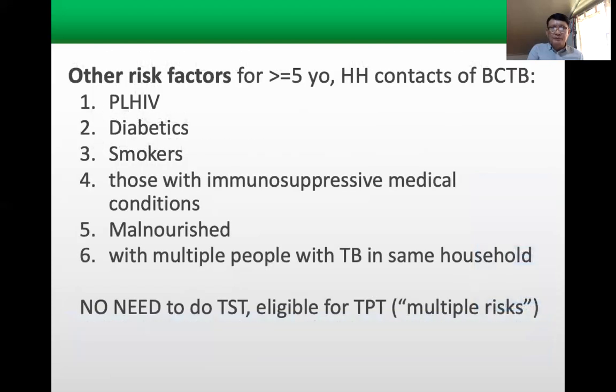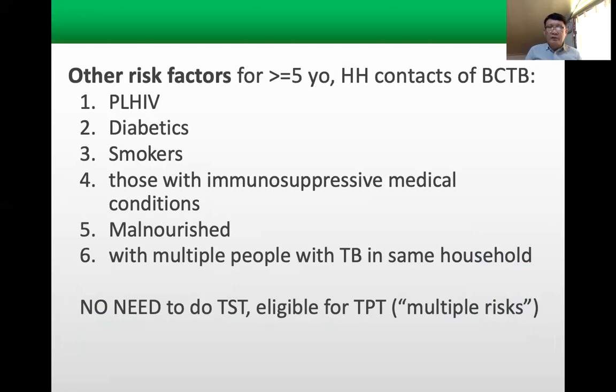Let's continue. Other risk factors for 5 years old and above household contacts of BCTB. So these are the PLHIV, diabetics, smokers, those with immunosuppressive medical conditions, malnourished, with multiple people with TB in the same household.